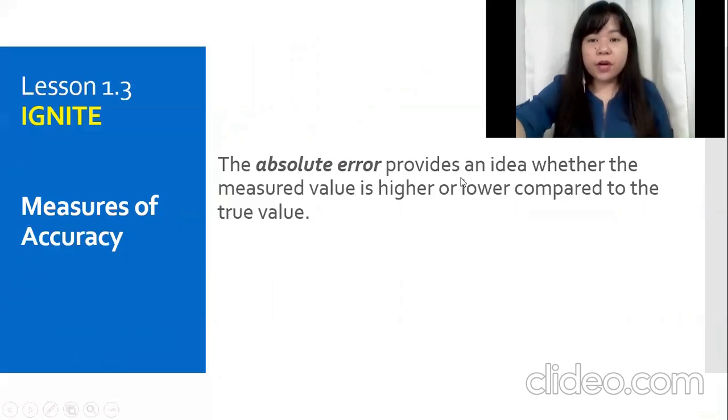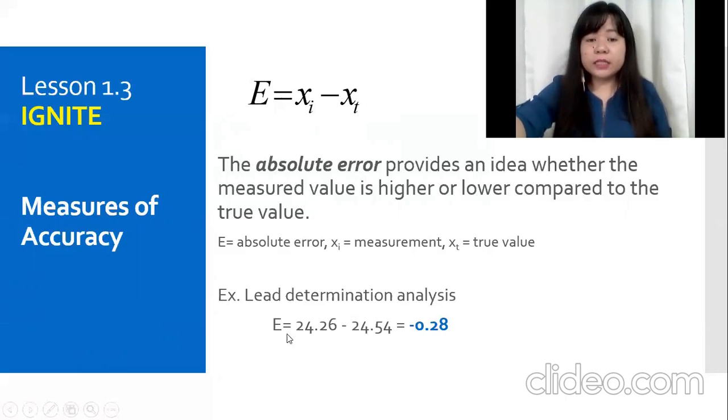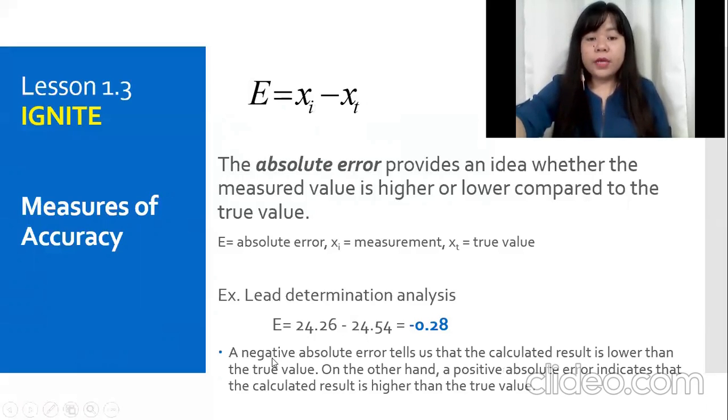The absolute error provides an idea whether the measured value is higher or lower compared to the true value. And it's given by this formula. It's simply the difference between the measurement and the true value. So in our previous example, for the lead determination analysis, the absolute error would be negative 0.28. Notice that there is no unit for absolute error. And notice that it may also take a positive or a negative value.